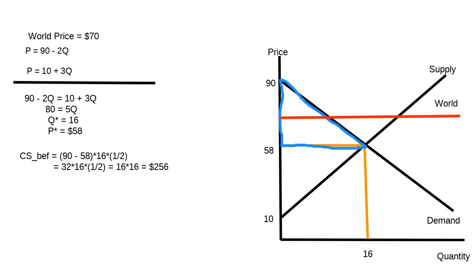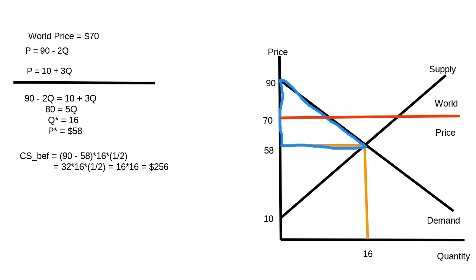World price is $70. So now this is when the economy opens for trade, the world price becomes the prevailing price, right? Because we assume the small country assumption for all countries, so the world price becomes the prevailing price.